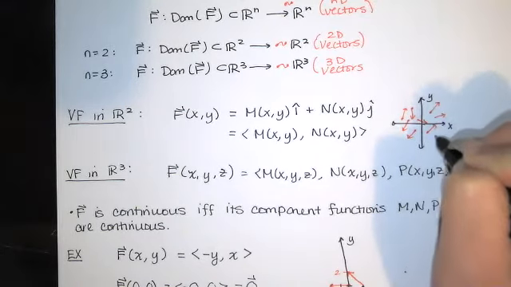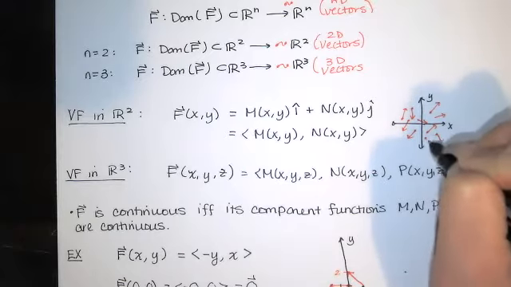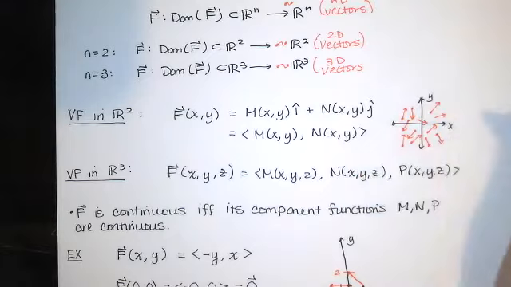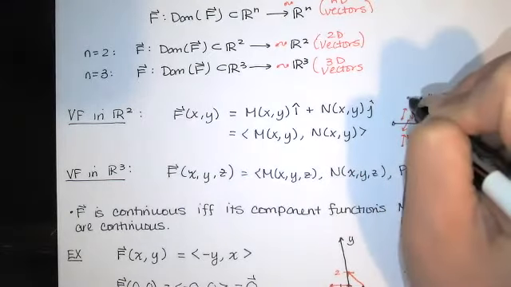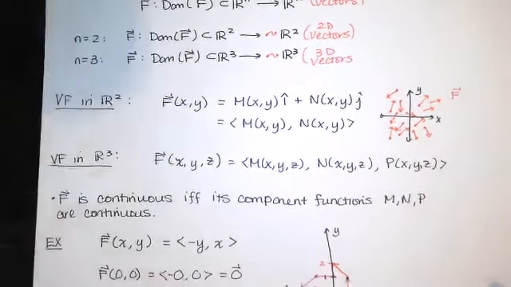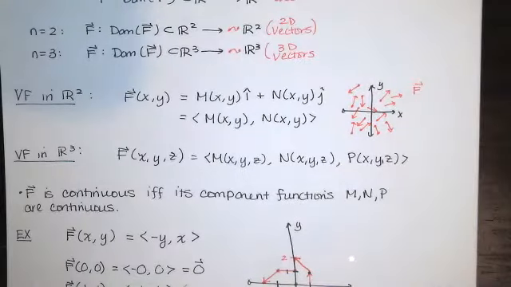It's so tedious that we typically have a computer do this for us. But that's the principle. That field F assigns a two-dimensional vector to every point in two-dimensional space.